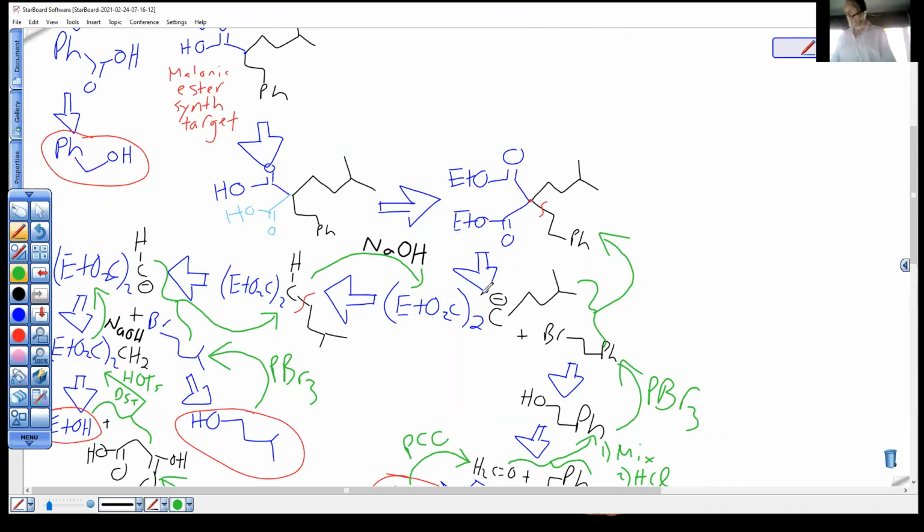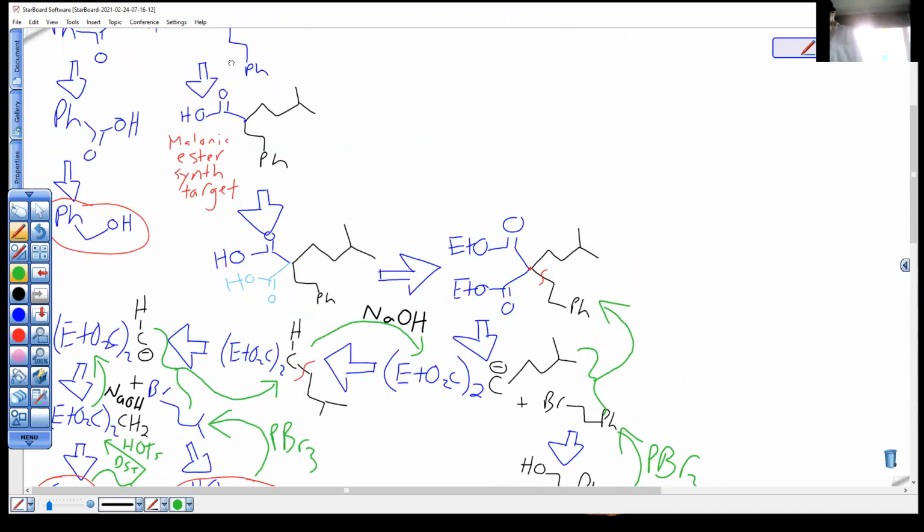Yeah, I think we've got all the steps covered except the end, when we have to start our wrap-up here. We have a diethyl malonate version of our target. So it's the ester version of the target. There's the target. You've got to get those carboxylic acids back. The nice, easy way is to do saponification first.